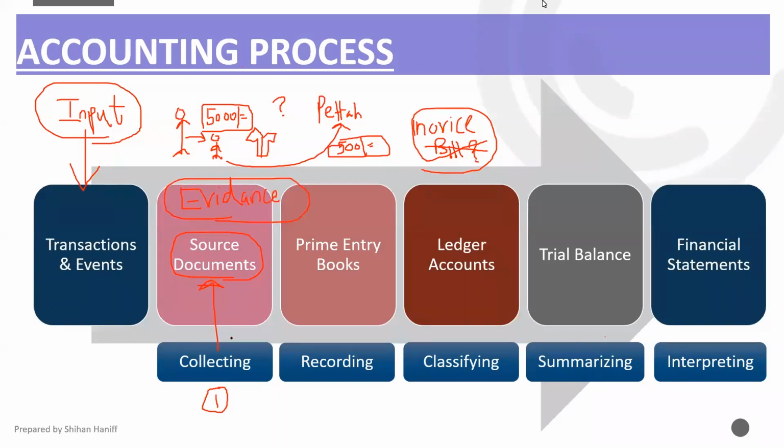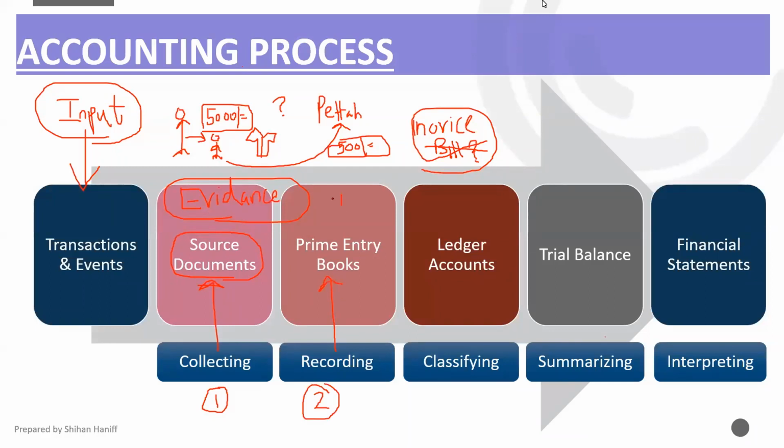Right? So in accounting, it is a must to have the source document for all the transactions. Once you collect these documents, the bills, vouchers, invoices, debit notes, credit notes, then as the second step, we record them in a set of prime entry books.